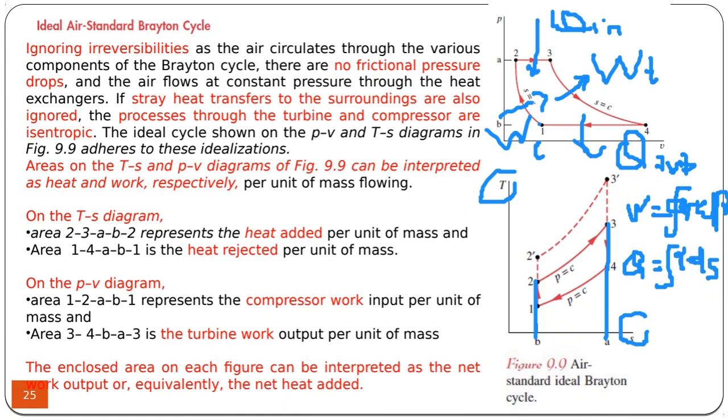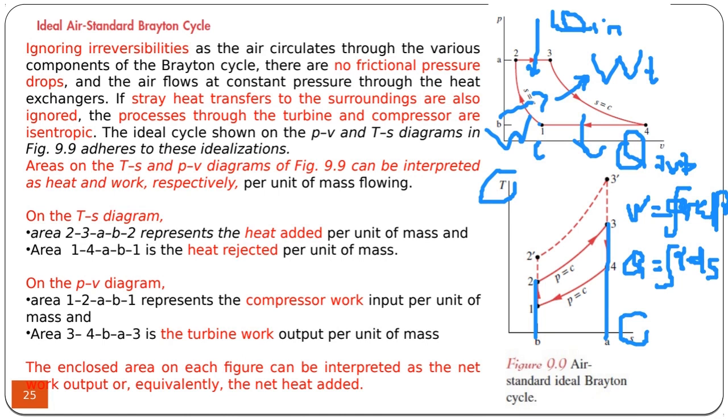And of course, net Q and net W must be equal to each other because it's a cycle. In a cycle, Q net and W net must be the same because the initial and the final internal energies do not change. So if you write the conservation of energy equation, you will see that the delta U will be 0, meaning that the net Q must be equal to net W.